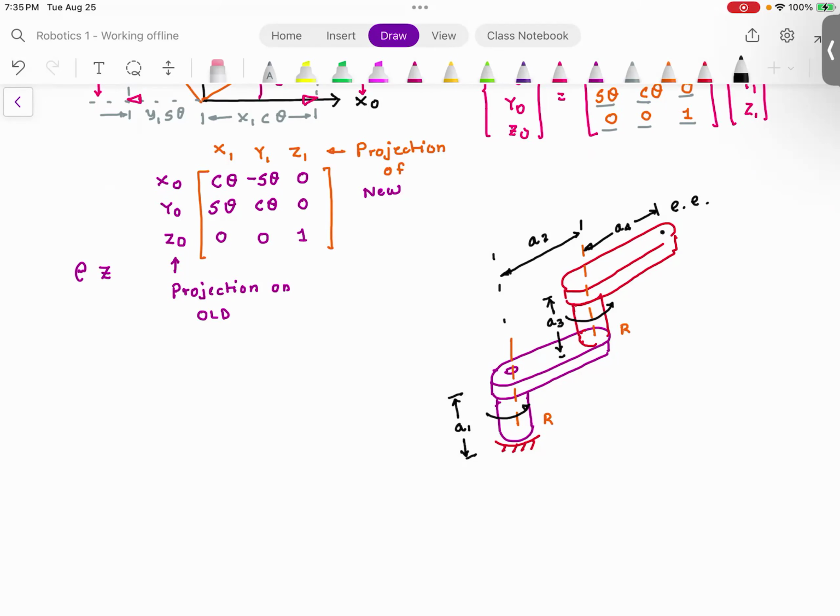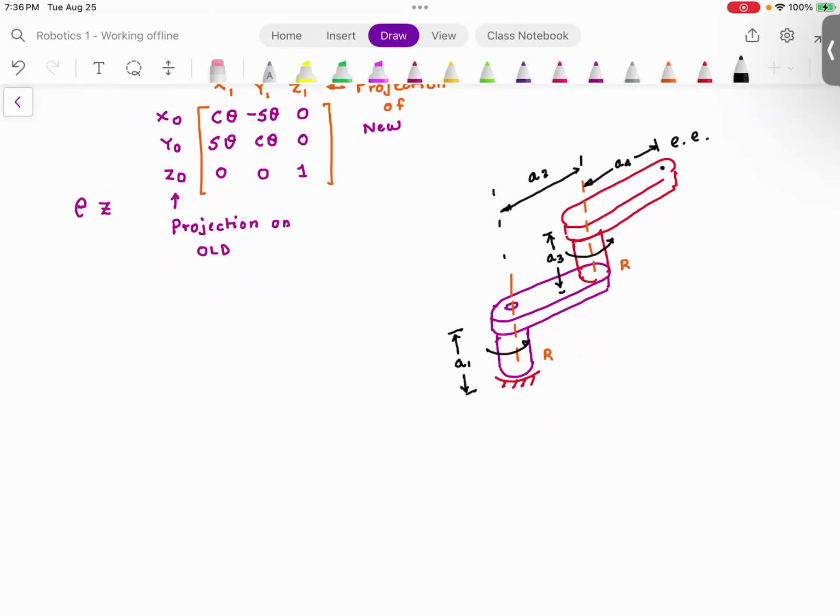So as you can see, there is link number 1, there is link number 2, there is motor number 1, motor number 2, so 2 revolute joints and 2 links. So I'm going to construct the kinematic diagram. The kinematic diagram for this robot is going to look like this.